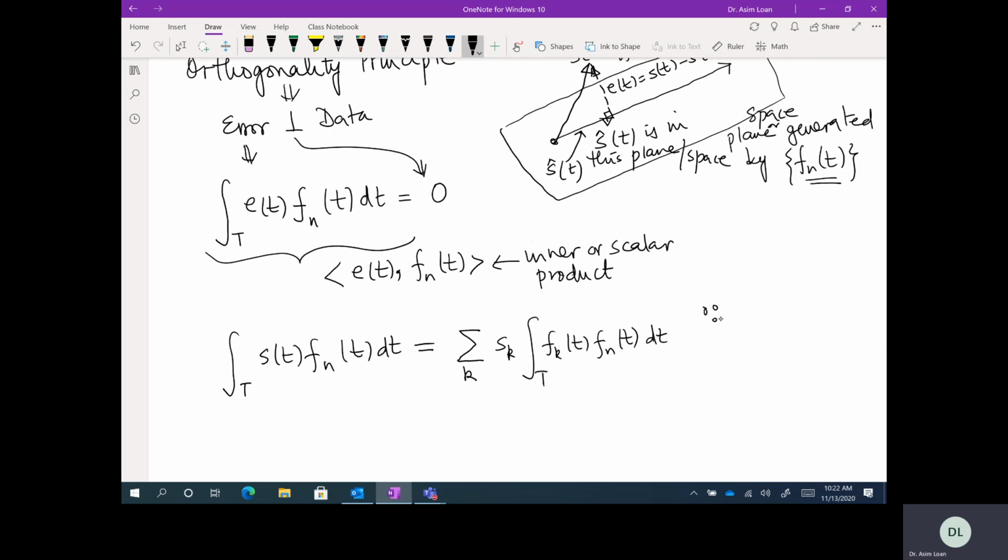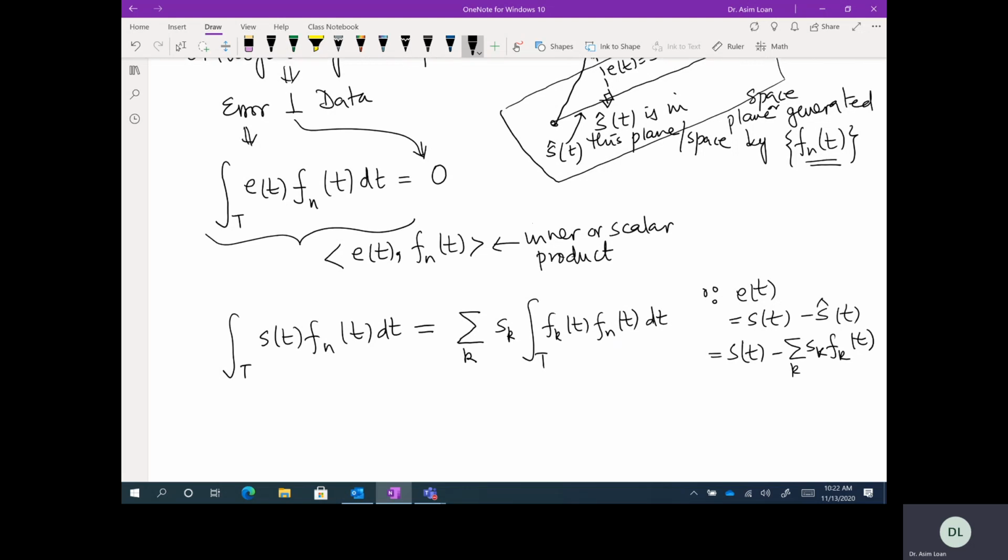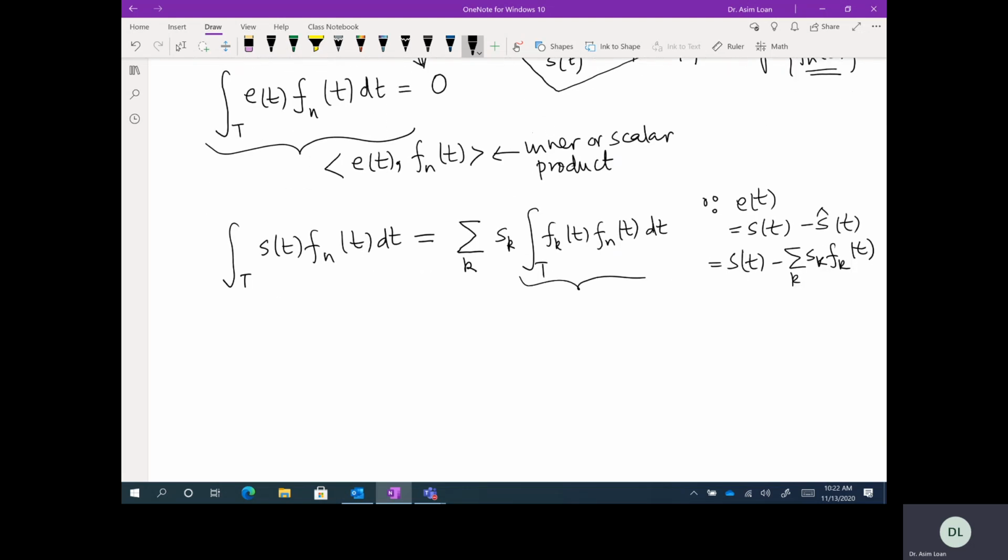Because e of t is simply s of t minus s hat of t, which is equal to s of t minus summation k s k f k of t. In general, actually, one of them has to be conjugated, but assume everything is real, so we don't need to get into those niceties.